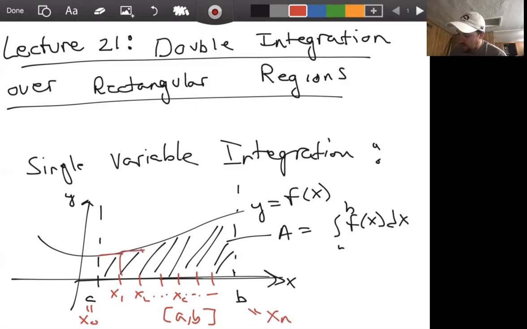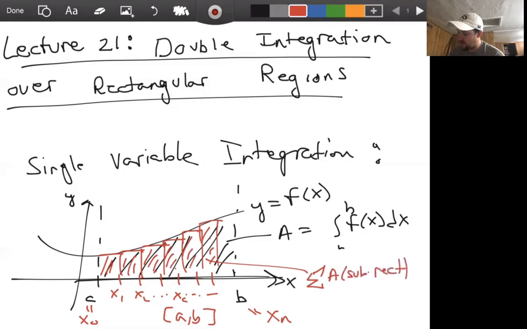And then we took rectangle approximations, right? We could take right endpoint or left endpoint or something like this. But the point is we started by taking approximations and getting the area of these subrectangles, and then we took the sum of the areas of the subrectangles.